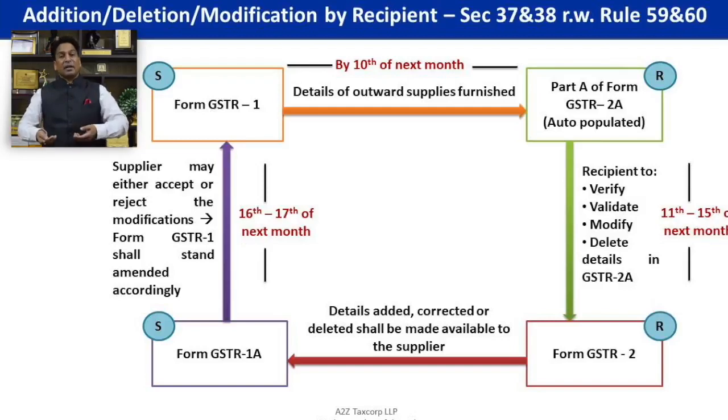If it is not concluded, meaning not accepted by the supplier, whatever credit taken by you would be provisional credit, and that would be added to your output tax liability, and you have to pay it along with interest.